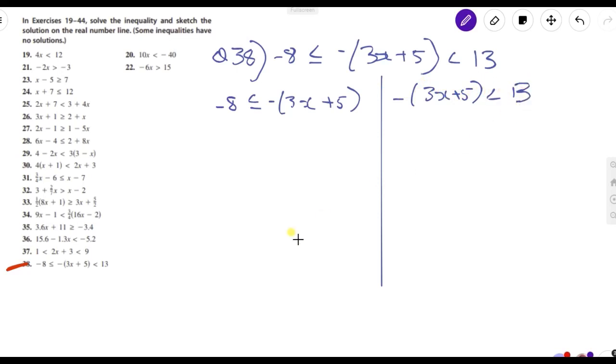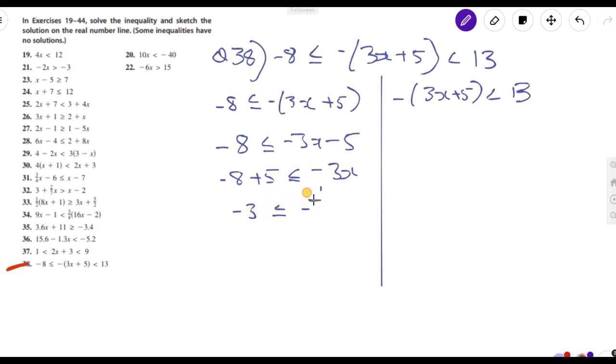Now -8 is less than or equal to -3x plus 5, so let's move the 5: -8 minus 5 is -13, and it is less than or equal to -3x.